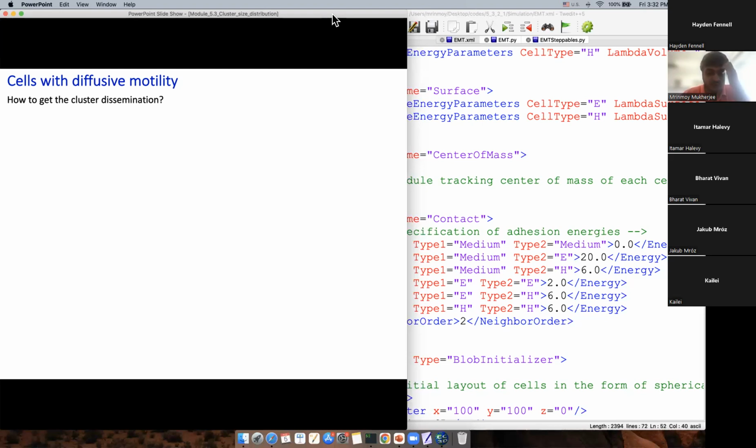Which contact energy should we change? Yes, Bharat. We need to break the bond between epithelial and hybrid cell. That means one way can be we have to increase the JEH, the contact energy between epithelial and hybrid cell.